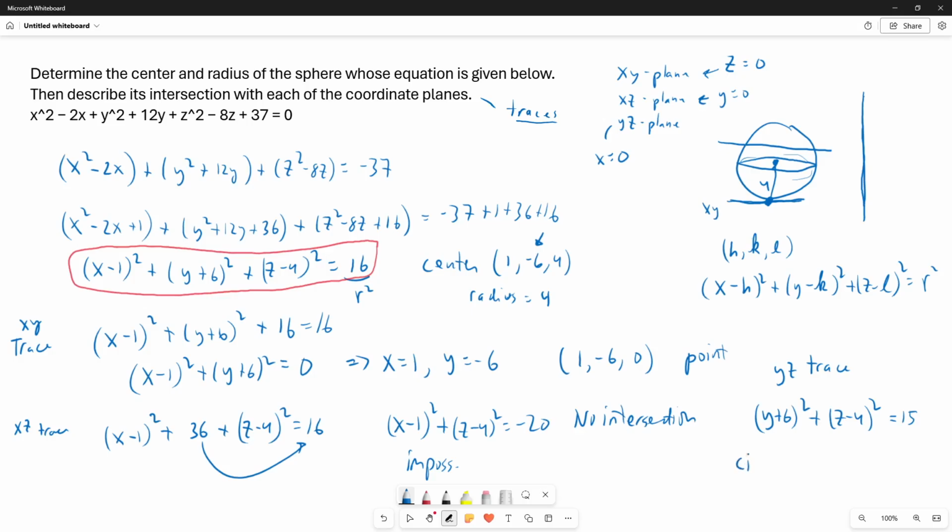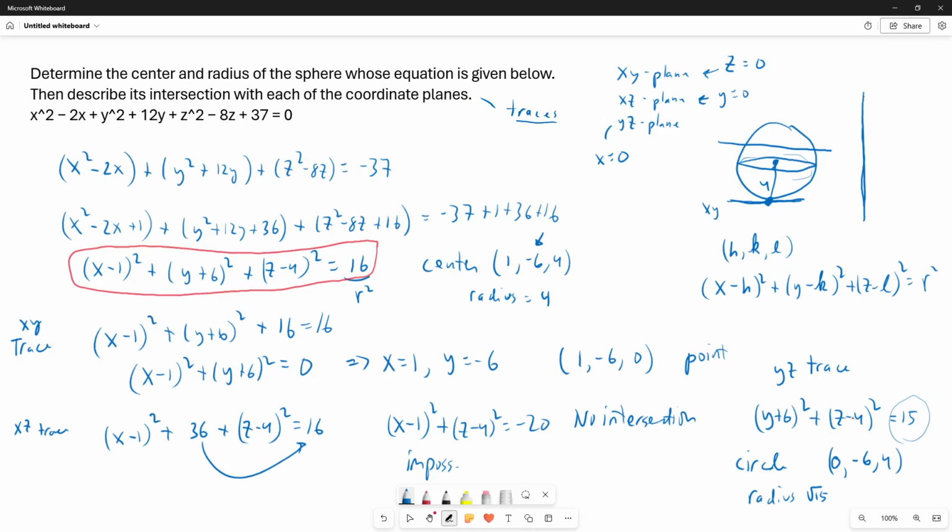So this is a circle in the yz plane with center negative 6, 4, and the x coordinate of the center is 0, and the radius is the square root of 15, because this is the radius squared.